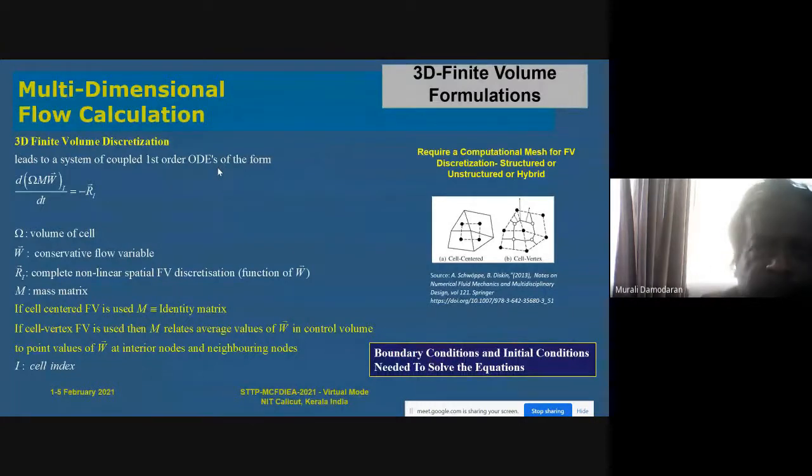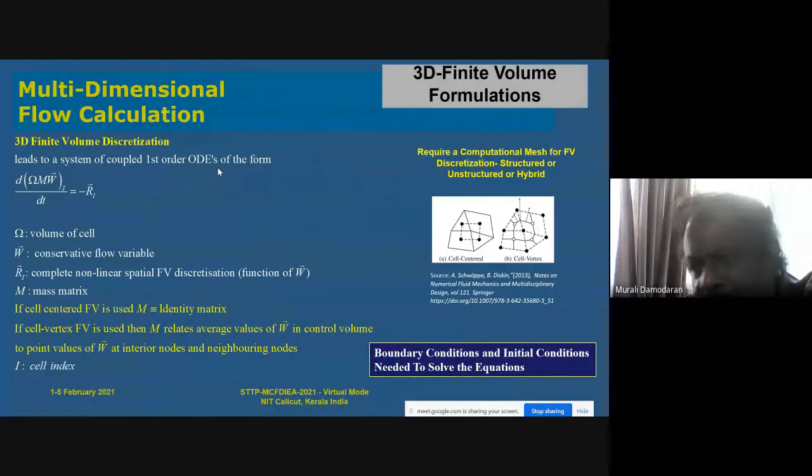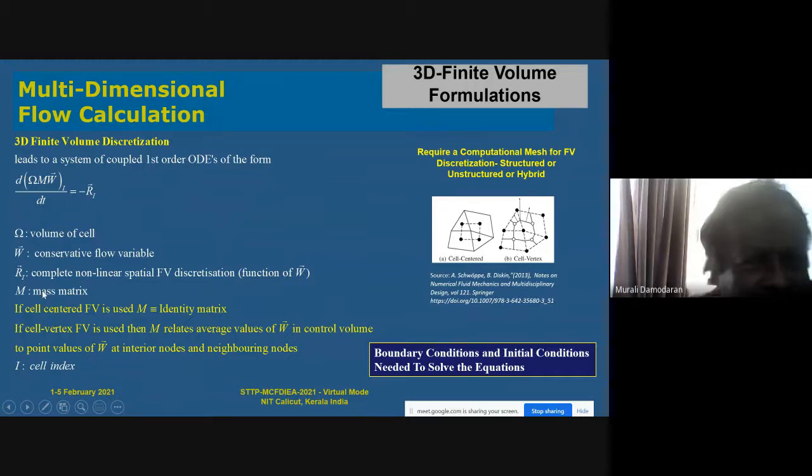When you discretize the solutions on a mesh, the finite volume discretization basically leads to a system of coupled first order ODEs of this form. Here Gamma is the volume of the cell, W is the conservative variable, Ri is a nonlinear spatial discretization term, dissipation terms, everything, and M is a mass matrix.